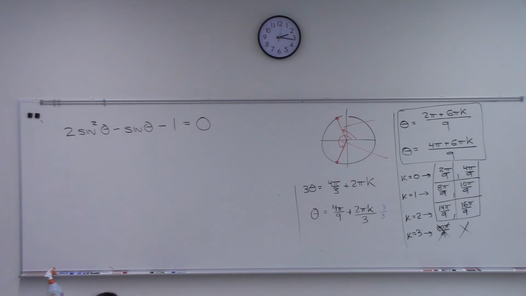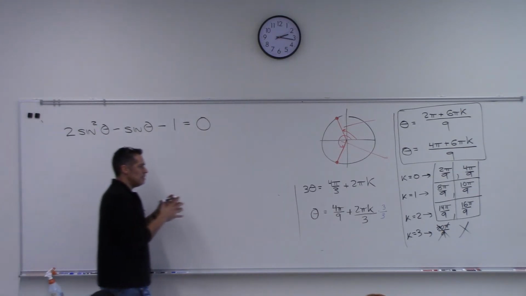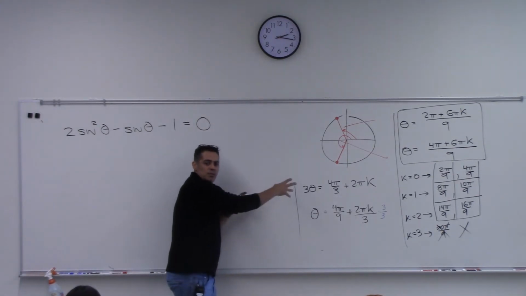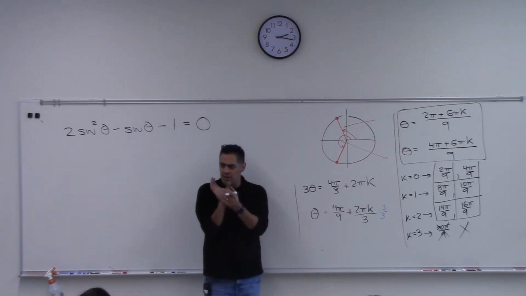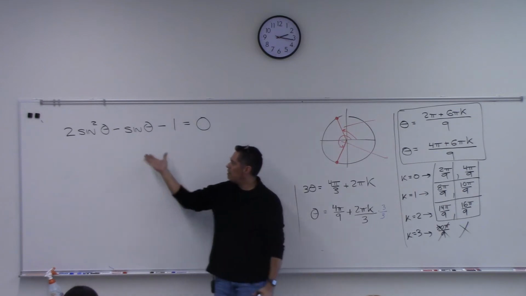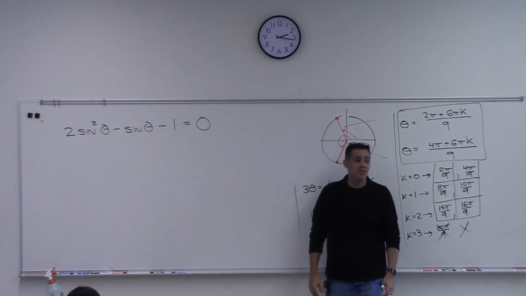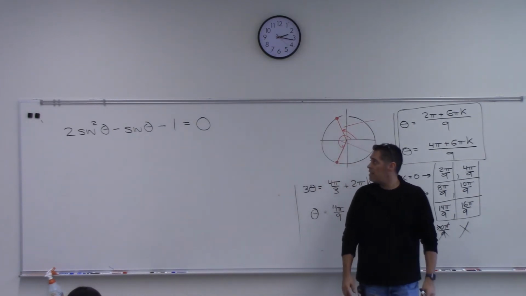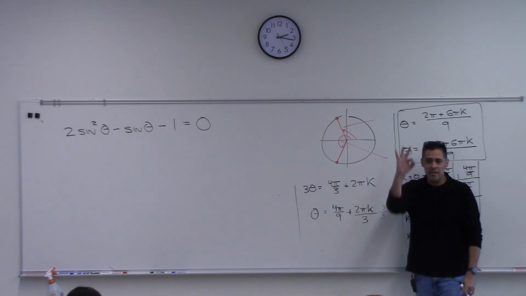This is a different type of equation now. Up to this point, I've been able to get cosine of something equal to a number or secant equal to a number, but I've just had one trig expression, right? Here, we've got a sine squared theta and a sine theta, don't we? There's 3 terms in this problem.